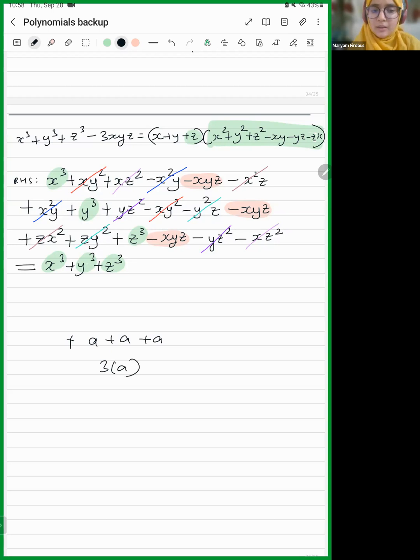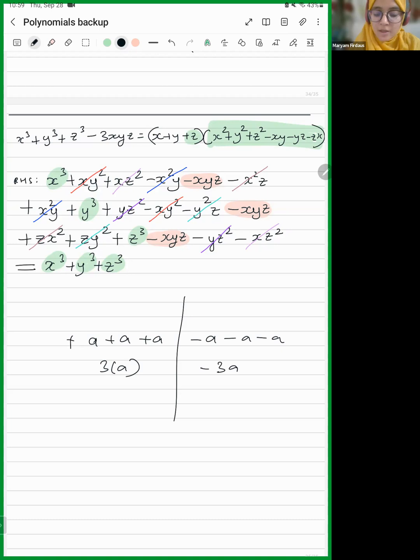There's a huge difference between a plus a plus a and a into a into a. The bracket makes a lot of difference. So minus a minus a minus a is not minus a cube. It is minus 3a. Is it clear?